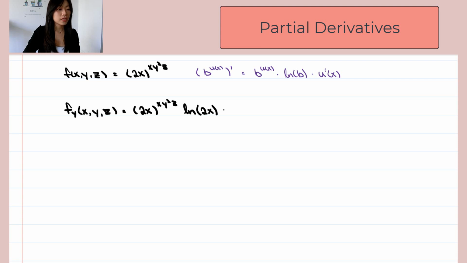Then multiply this by the partial derivative of the exponent with respect to y. That is the partial derivative with respect to y of x times y squared times z, which will be 2 times x times y times z, and the rest remains the same. So 2x to the power of x times y squared times z times ln of 2x.